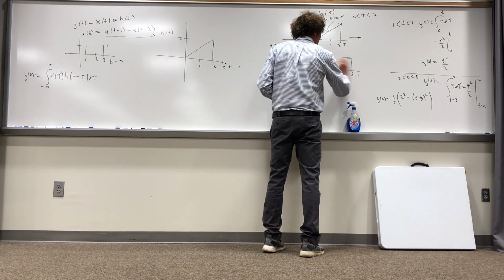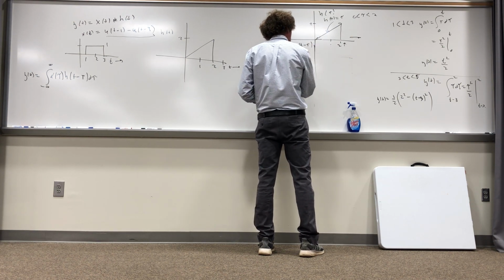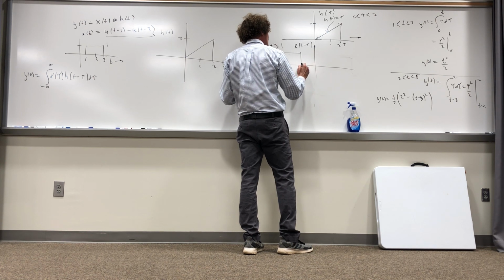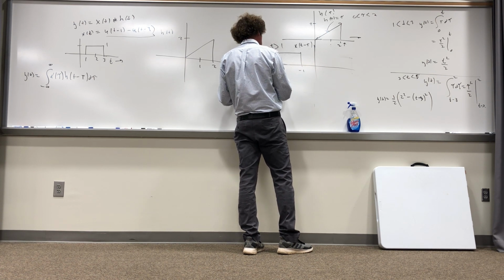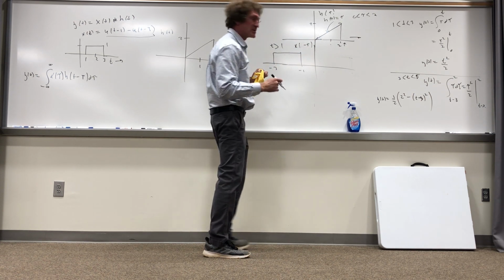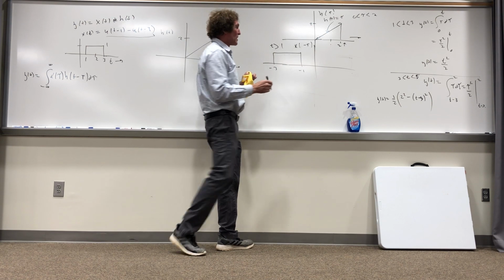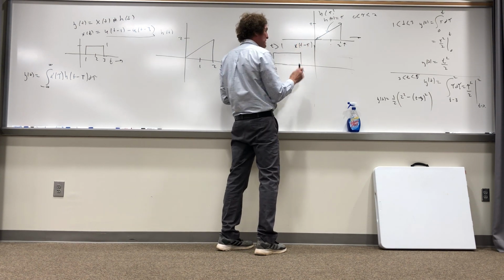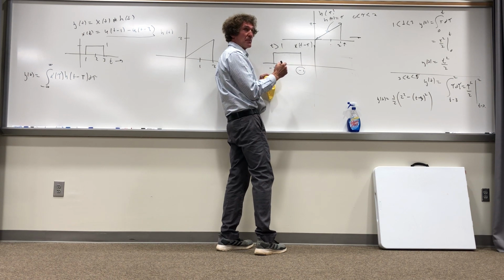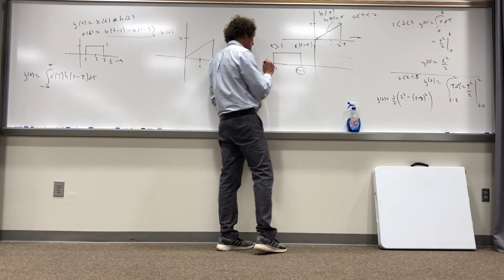If I do that, let me just see for a second. I've learned this lesson long ago: make certain about these things. This is going to be minus 1, this is minus 3, and this right here is x of t minus tau, correct? Now, if I make this t minus tau, this limit right here is going to be basically t minus 1, and this is t minus 3.